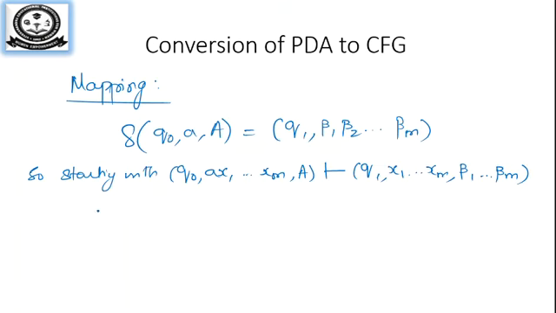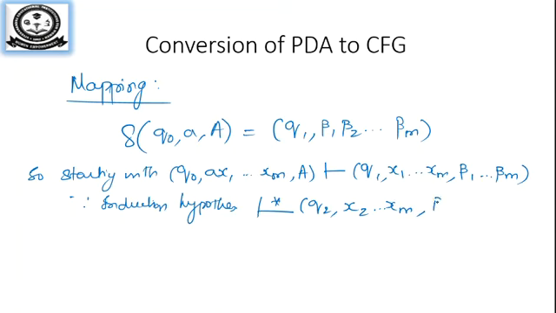Right, by the induction hypothesis, I can say this can be derived to (q2, x2 to xm, beta 2 to beta m).